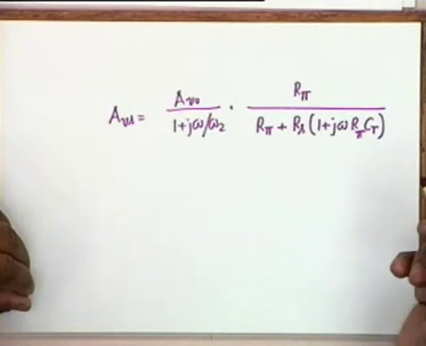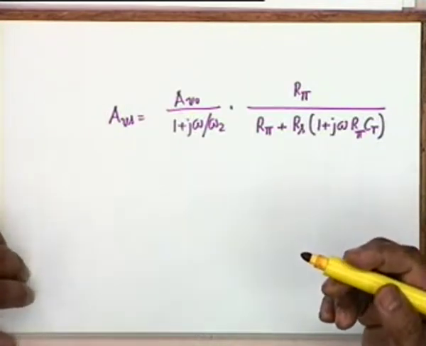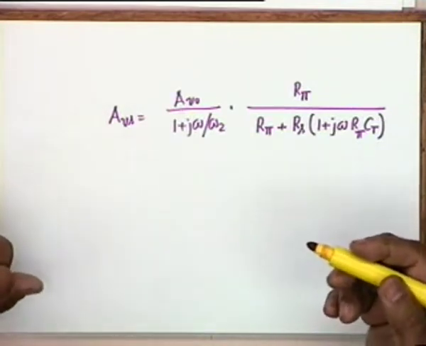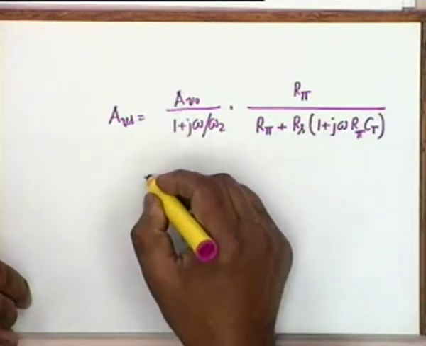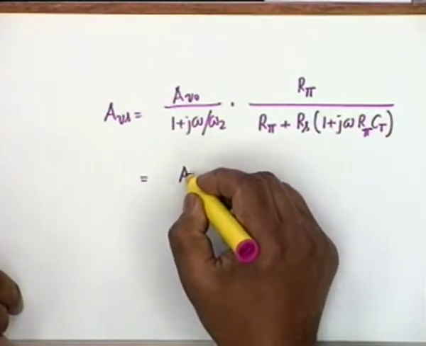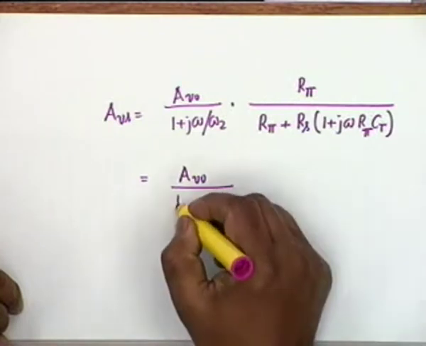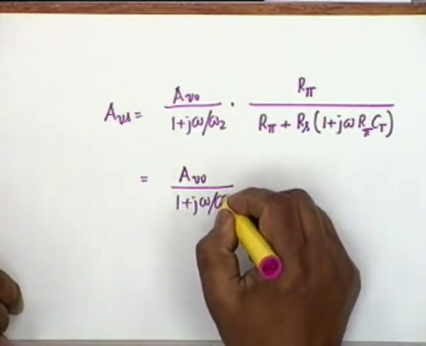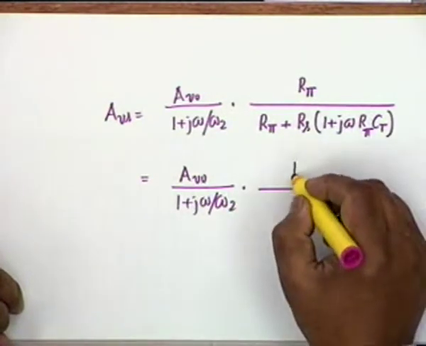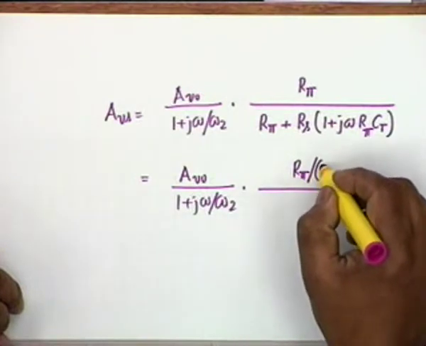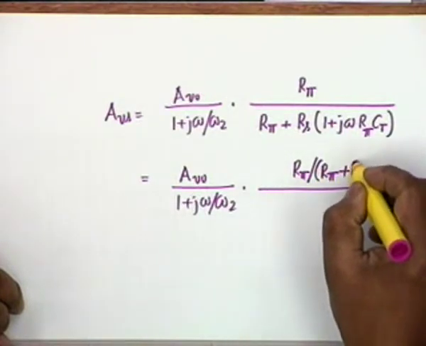Agreed? I have simplified. I have struck off the denominator of Zi. Okay. This I can write as AV0 divided by 1 plus j omega by omega 2 multiplied by R pi divided by R pi plus Rs.